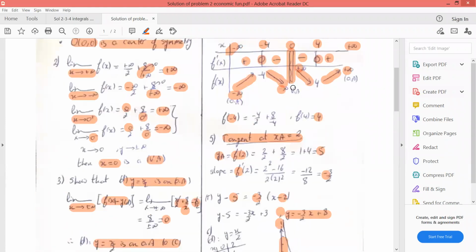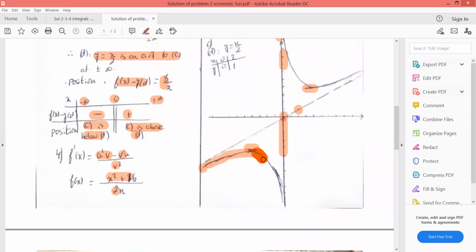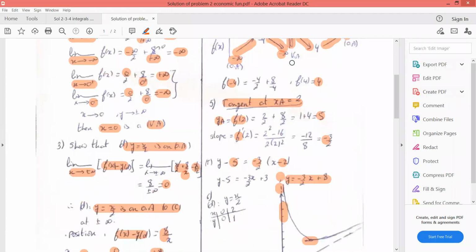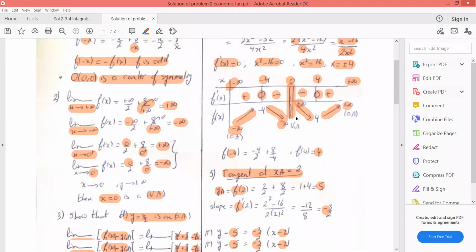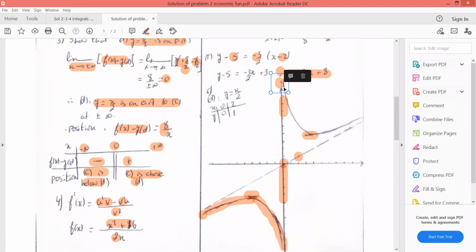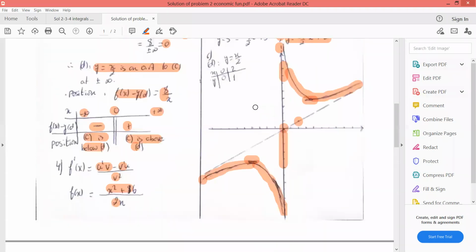Then we decrease to minus infinity at 0. We have a jump. Then at 0 we have plus infinity. It decreases to the minimum like that. Then it goes to plus infinity. Any questions about the drawing?